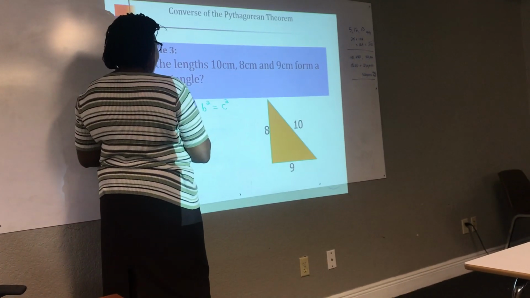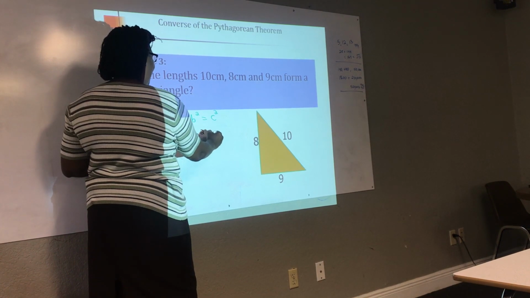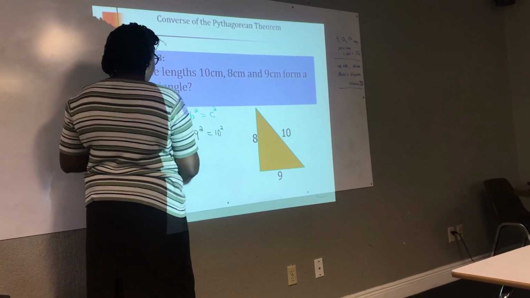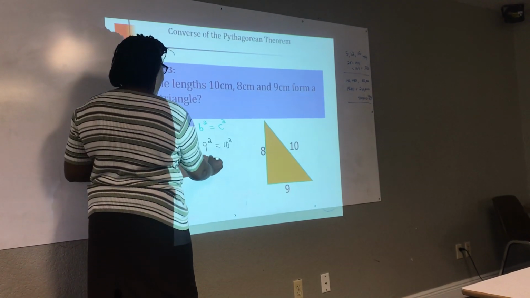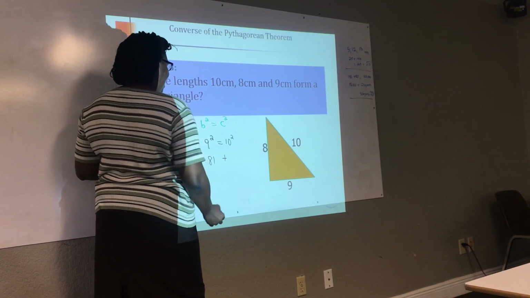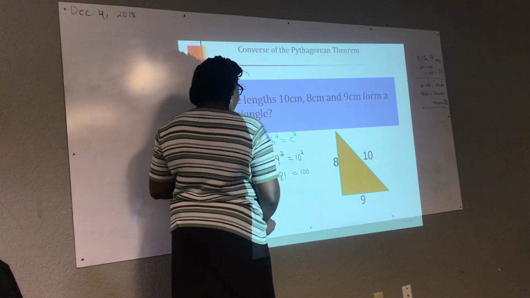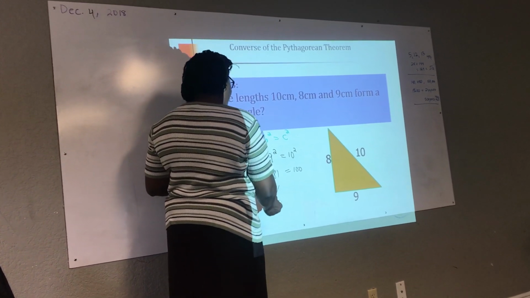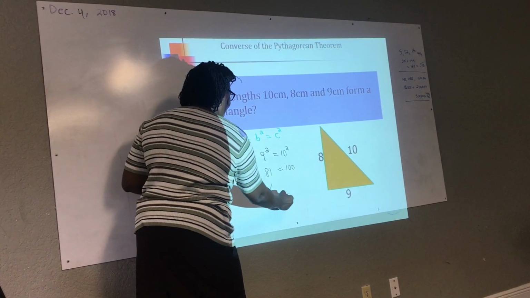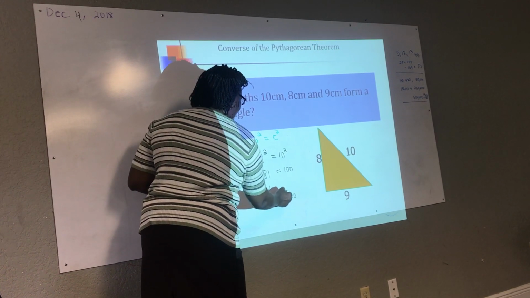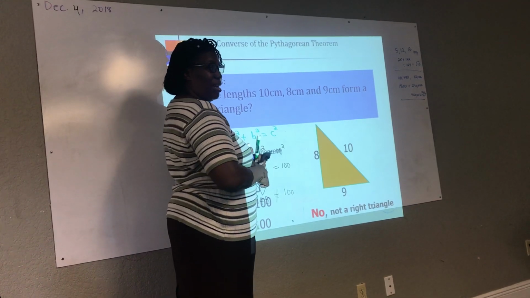So a squared we're using 8 squared, plus 9 squared, is equal to 10 squared. 8 squared is 64 plus 9 squared is 81, and 10 squared is 100. Let's add these two: 64 plus 81 is 145. Is that equal to 100? No, that's not equal to 100. So this is not a right triangle.